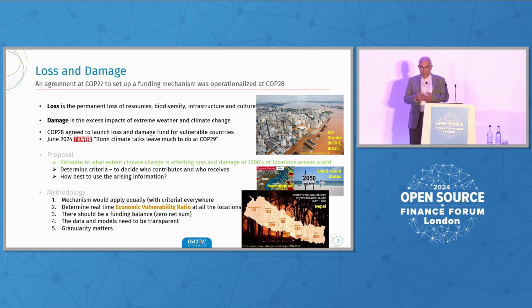And in the methodology, we talk about having a mechanism that is fair across all countries and all nations, and determine a real-time economic vulnerability ratio. I'll say more about that in a moment. And that there should be a funding balance overall. What is paid into the fund should be also what is needed from the fund. And the data and models need to be very transparent.